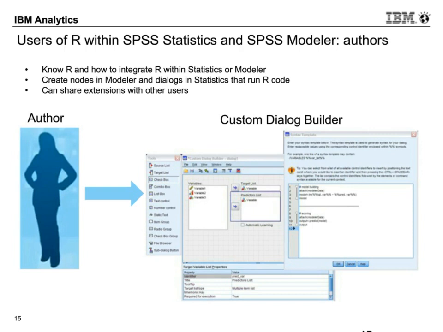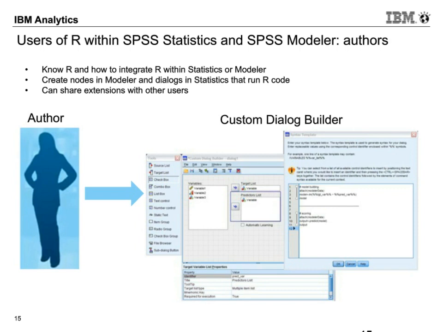The custom dialog builder is a no programming drag and drop interface for creating dialog boxes in either product. There's different versions for statistics and Modeler. And so you can easily create a dialog box interface, add it to the system, and it's very quick to do. I sometimes do a demonstration where I create a dialog box in 1 minute flat.